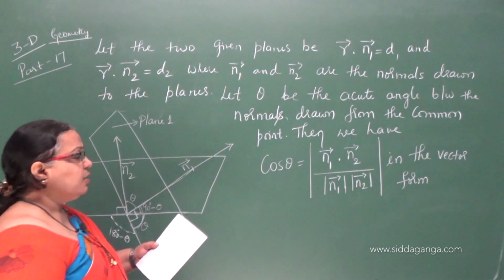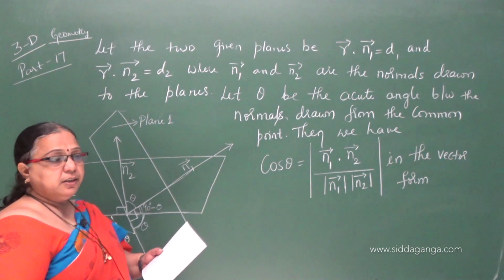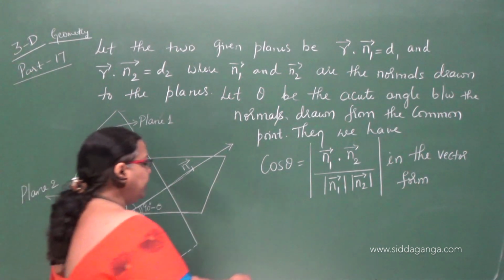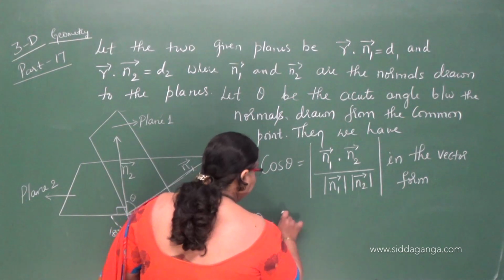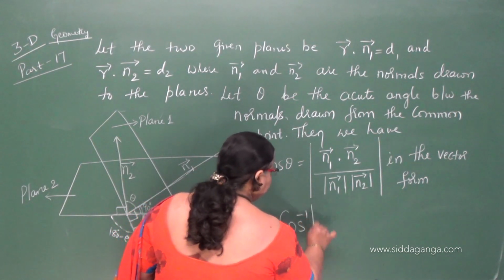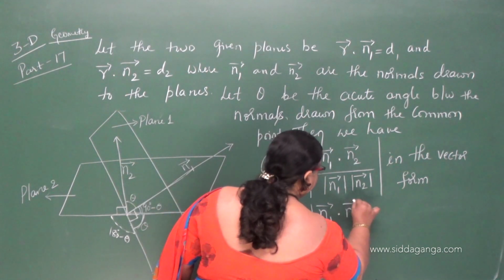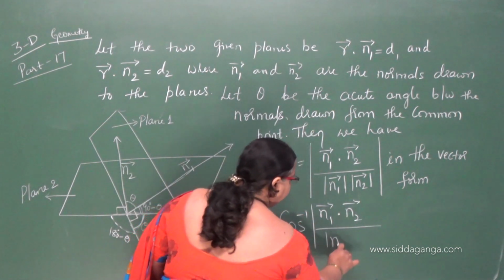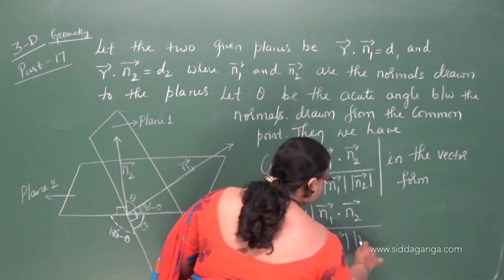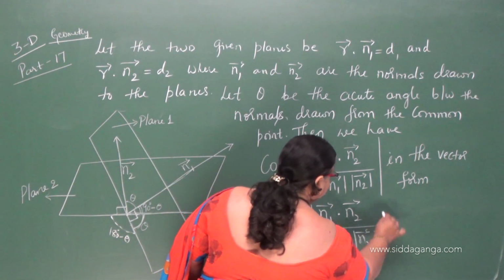Therefore theta equal to cos inverse of n1 vector dot n2 vector divided by magnitude of n1 into magnitude of n2.